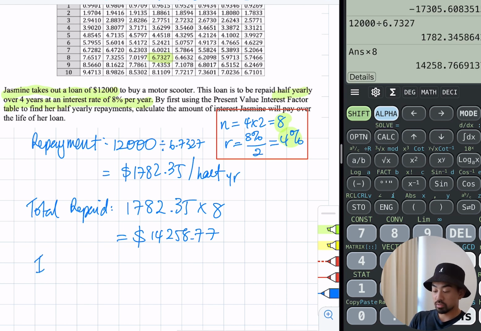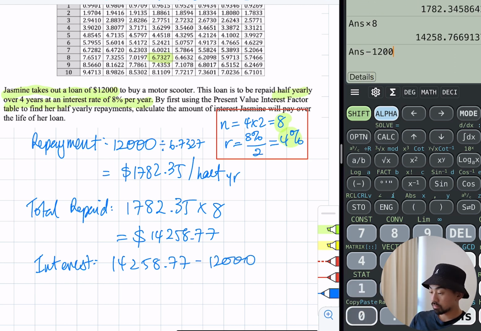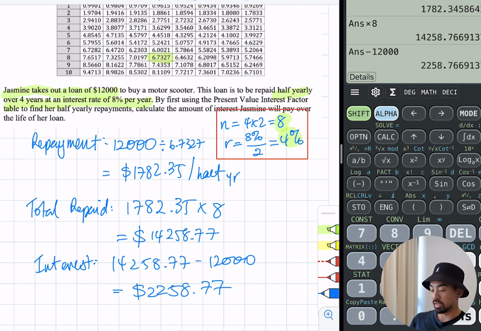So finally, the interest is just going to be that number subtracted by her principal, which is 12,000. So total interest is $2,258.77.